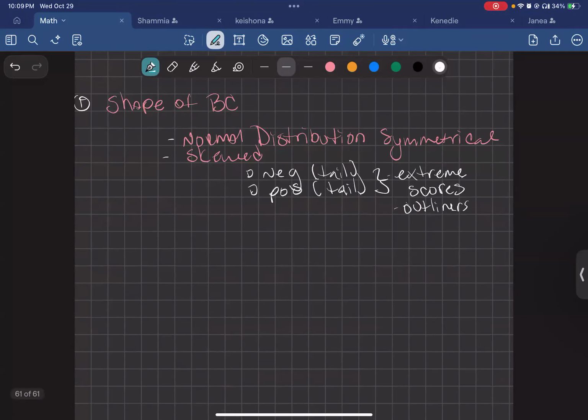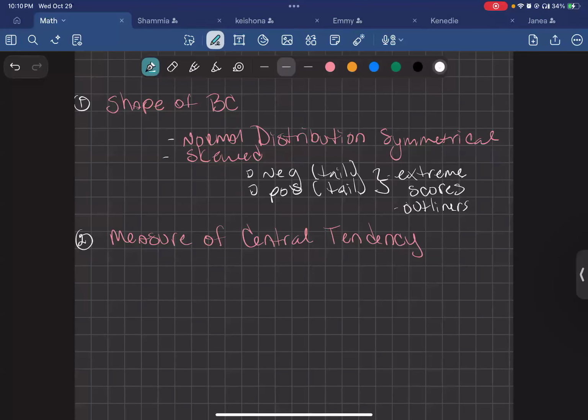The next way that we use the bell curve to describe data is through the measures of central tendency. This is defined as where the data is centered.